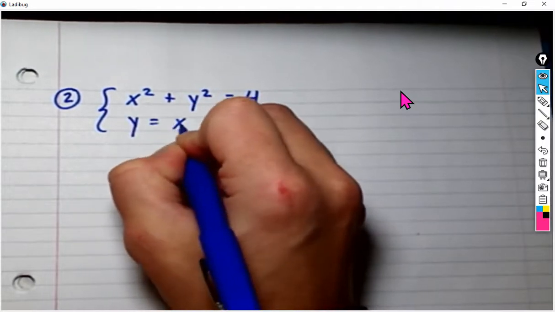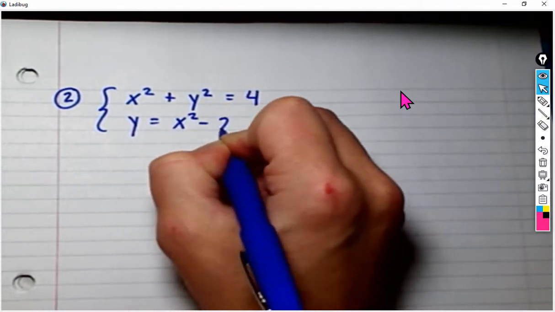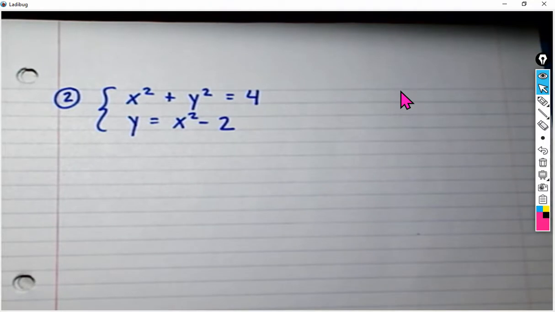Y equals x squared minus 2. Oh, well. Okay, I have to put a square around something and circle it.